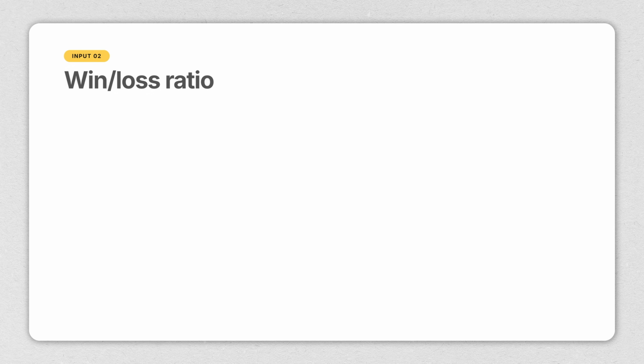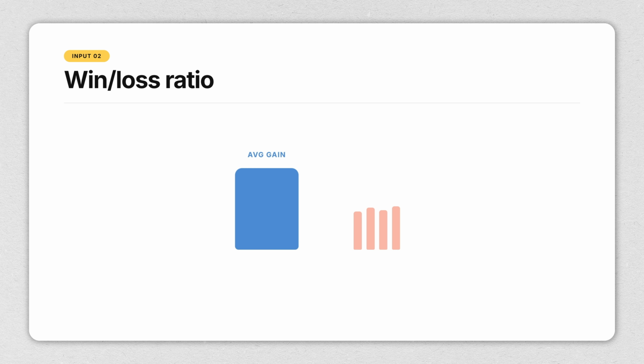The second input is your average win to average loss ratio. This tells you how much you make when you're right versus how much you lose when you're wrong. You calculate it by taking all your winning trades, finding the average gain, and then taking all your losing trades and finding the average loss, and expressing it as a ratio.